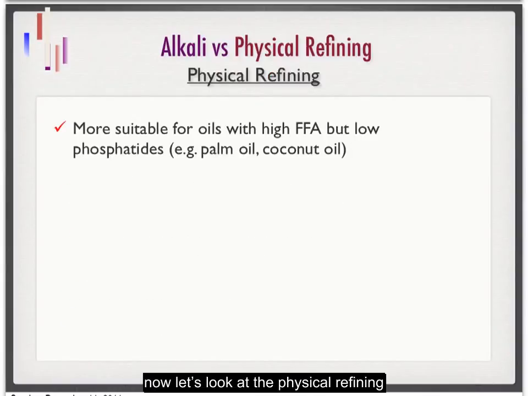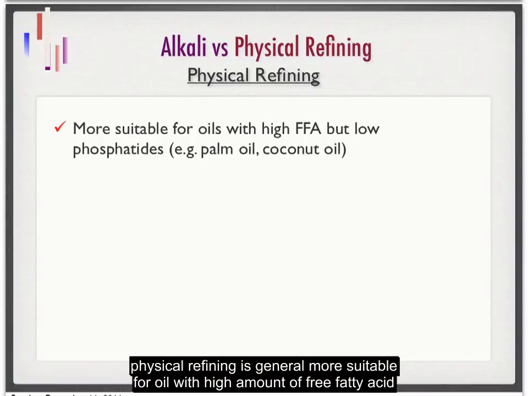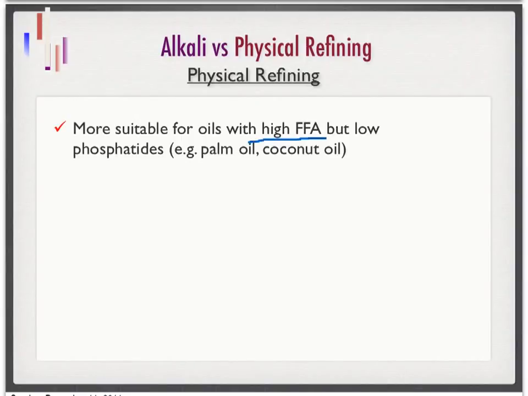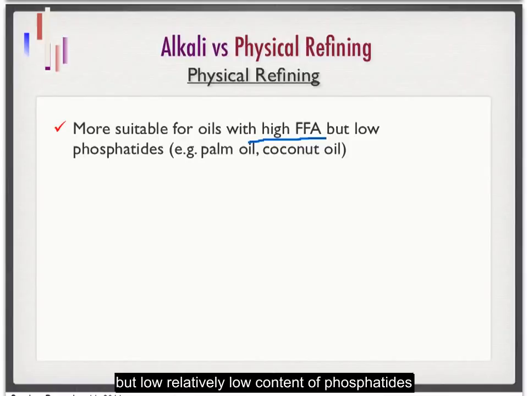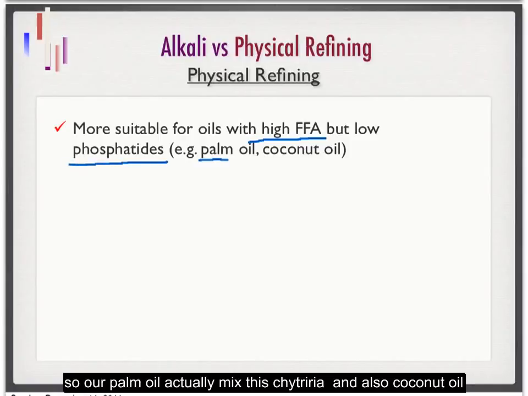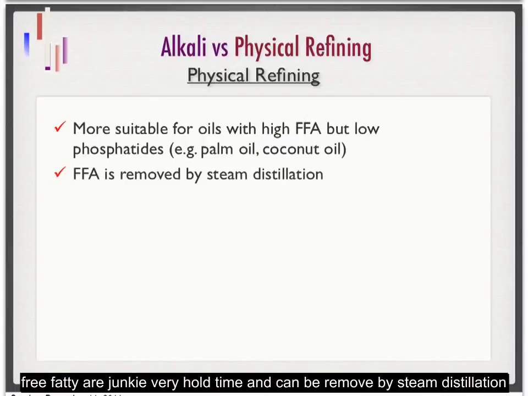Okay, now let's look at physical refining. Physical refining is in general more suitable for oils with a high amount of free fatty acid but relatively low content of phosphatides. So our palm oil actually meets this criterion, and so does coconut oil. Free fatty acids are generally very volatile and can be removed by using steam distillation.